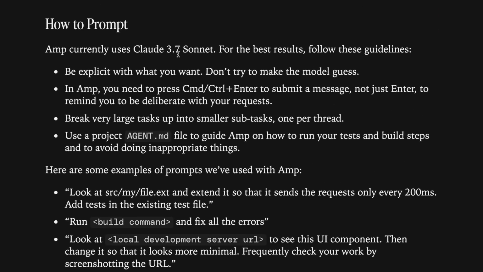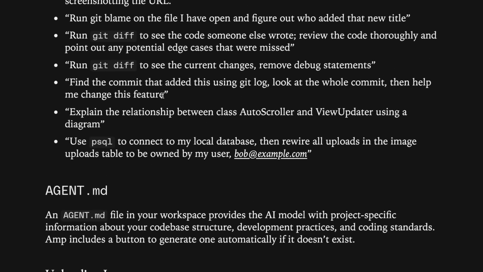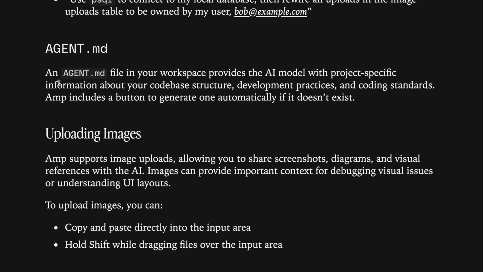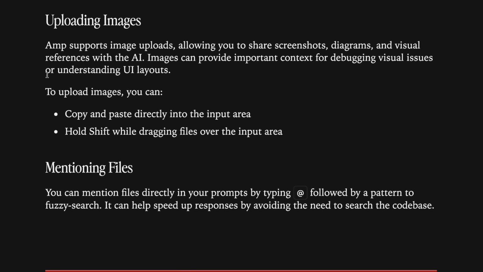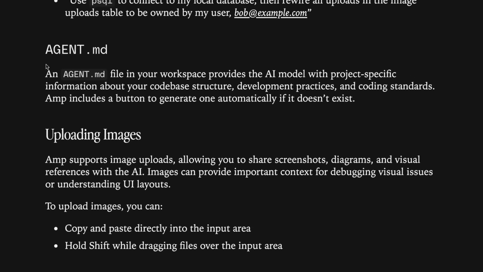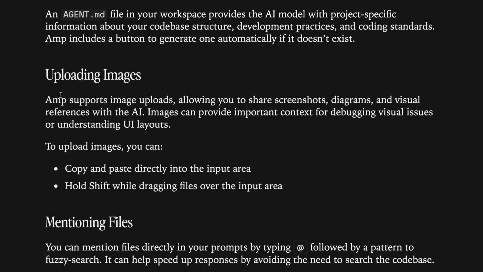It currently uses Claude 3.7 Sonnet, and it also uses a thing called Agent Markdown file, which basically provides the AI model with project-specific information about your code-base structure, development practices, and coding standards. It includes a button to generate one automatically if it doesn't exist. It is basically like the Claude Markdown file that Claude Code makes. So, this is also fine.